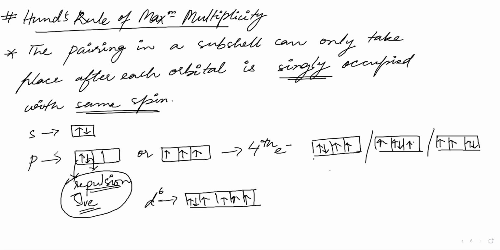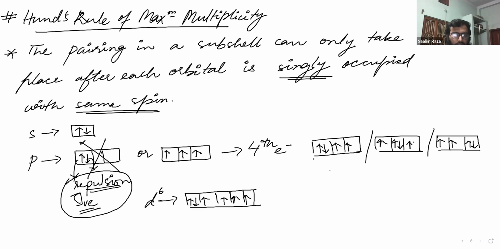This is the correct way. If we have more electrons to fill, then we can start pairing.